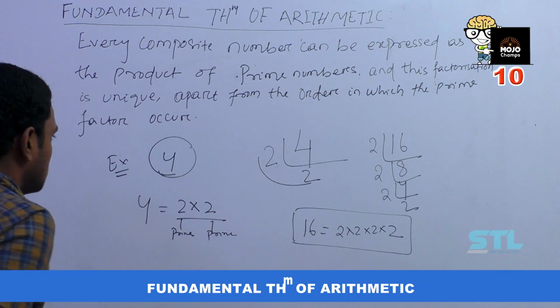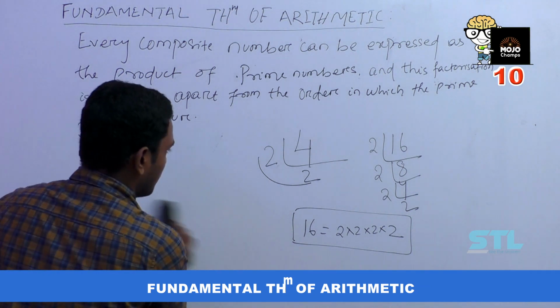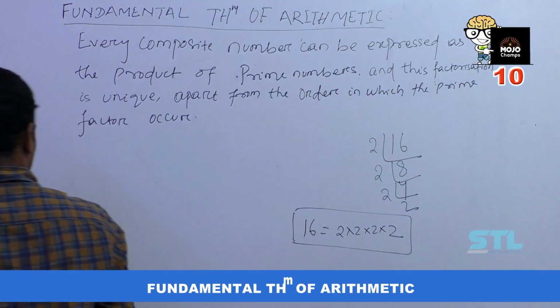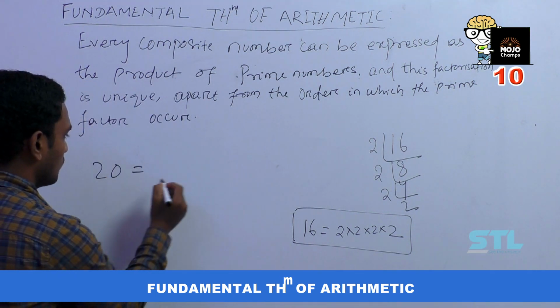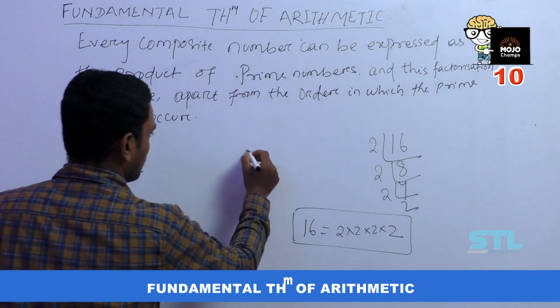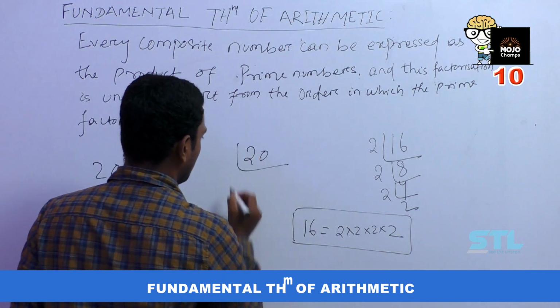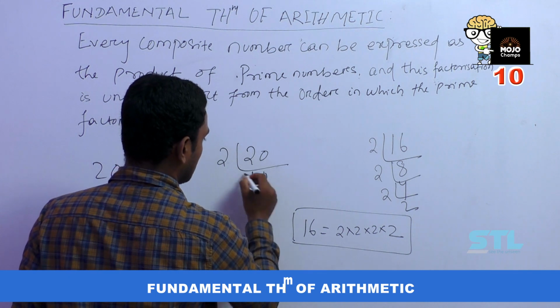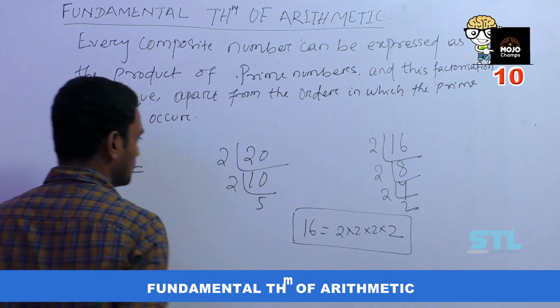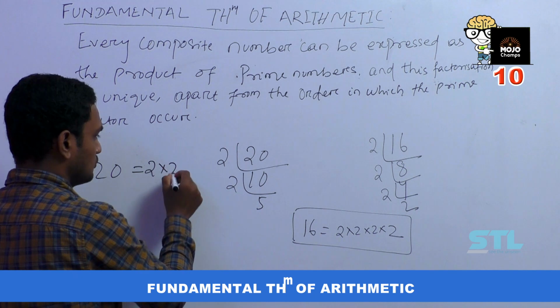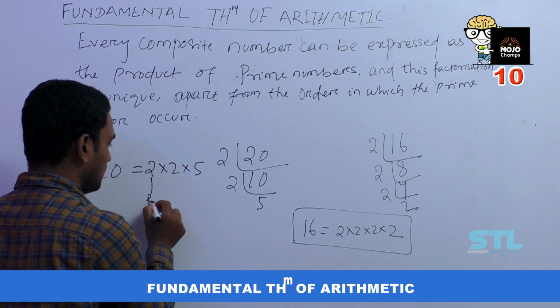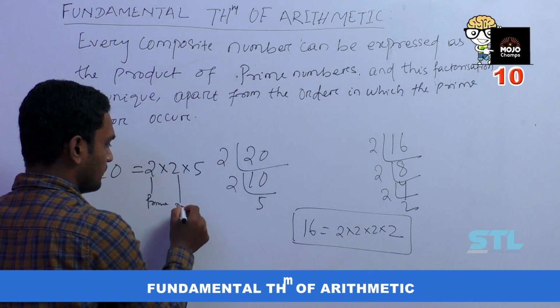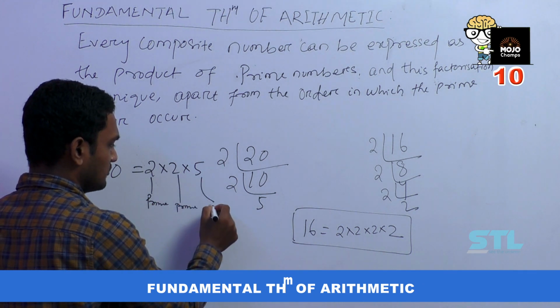Similarly, we will take another example, 20. 20 is also a composite number. When I do the factorization of 20, 2 tens are 20 and 2 fives are 10, so 20 is 2 into 2 into 5. You see 2 is a prime number, here also 2 is prime, and 5 is also prime.